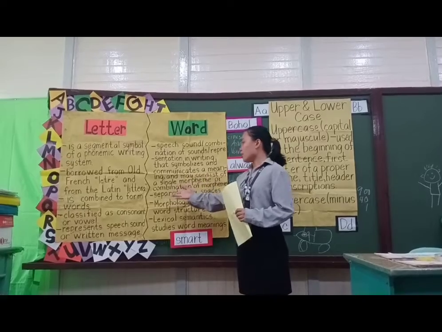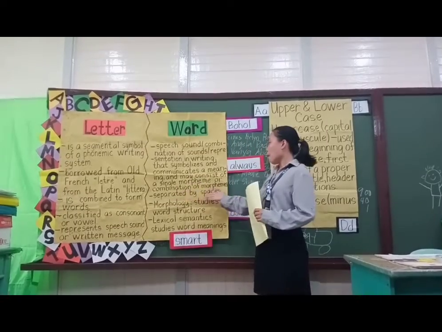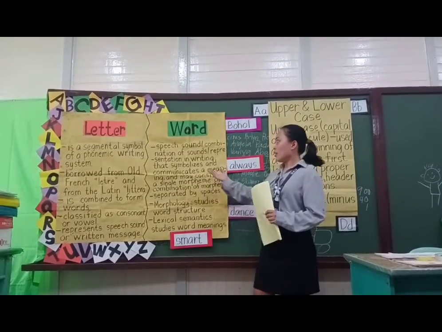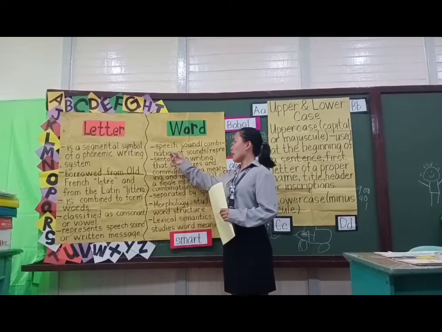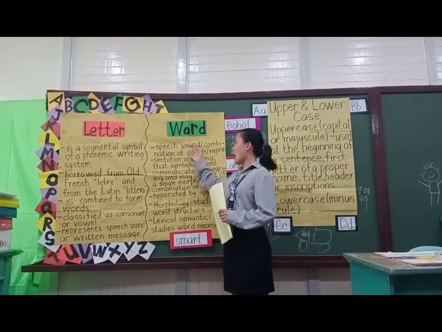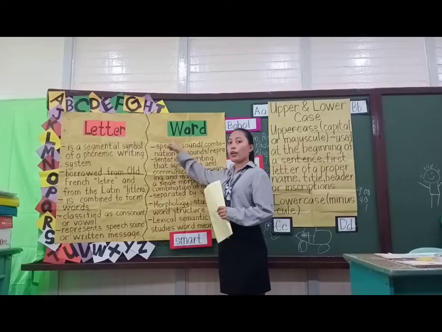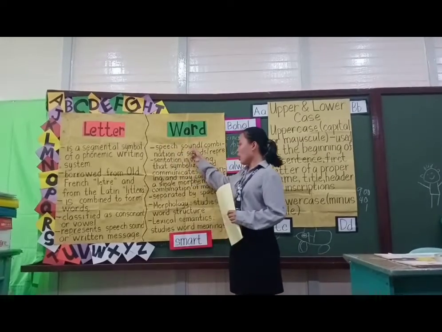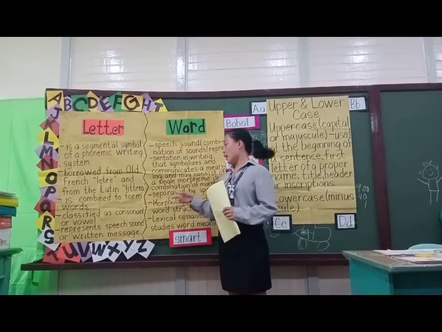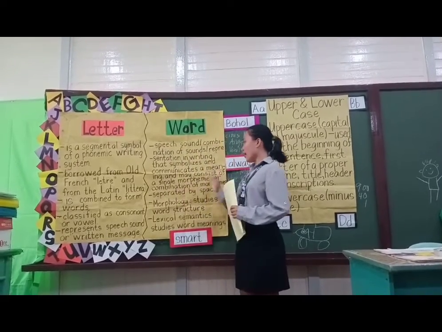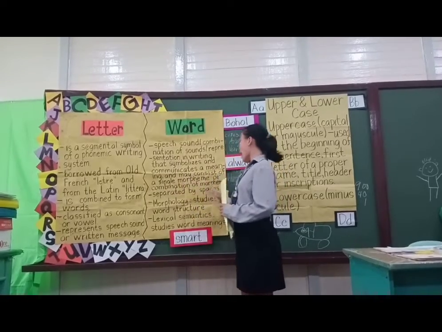And a word is also separated by spaces. Let's take a look at this: speech sound. There is a space between the word speech and sound. So that is what it means that a word is separated by spaces.